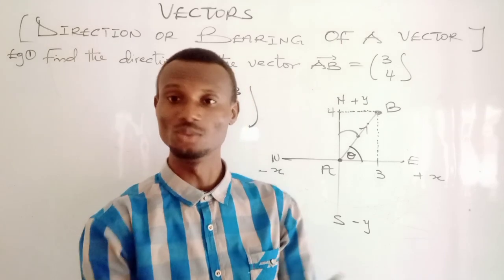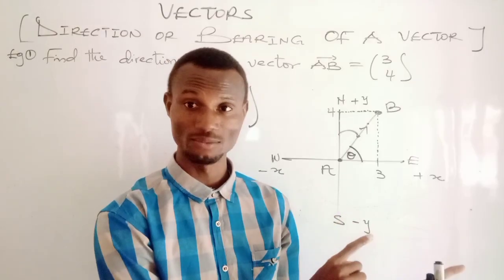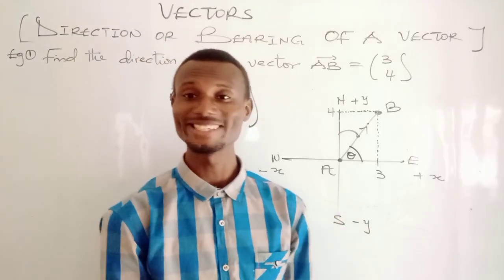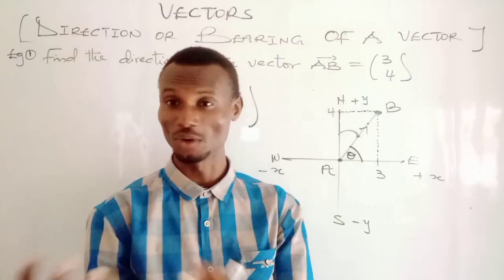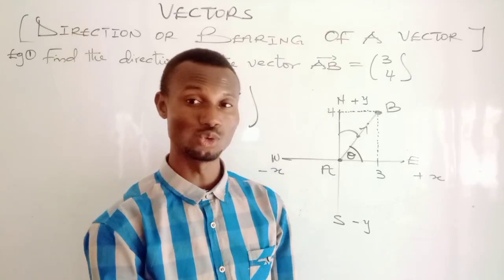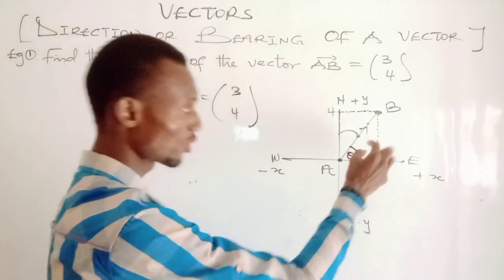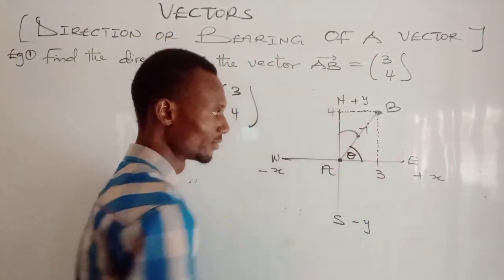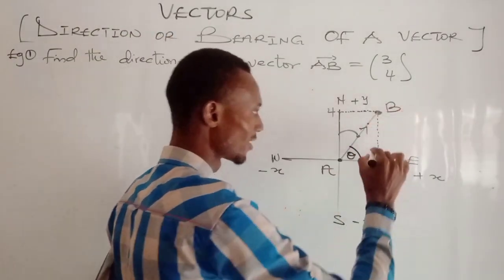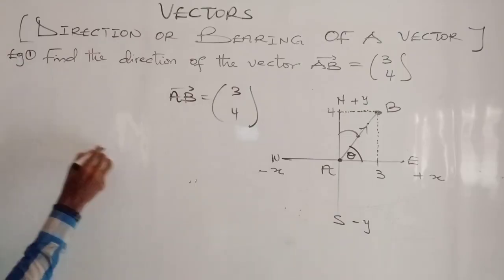So we are going to apply that knowledge here. But for the sake of those who don't have any knowledge of it, I'm still going to do a further explanation. So let's consider this triangle. I want us to consider this triangle. So I'm going to draw it here.